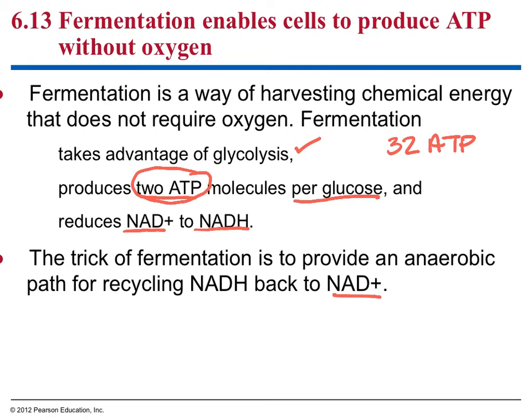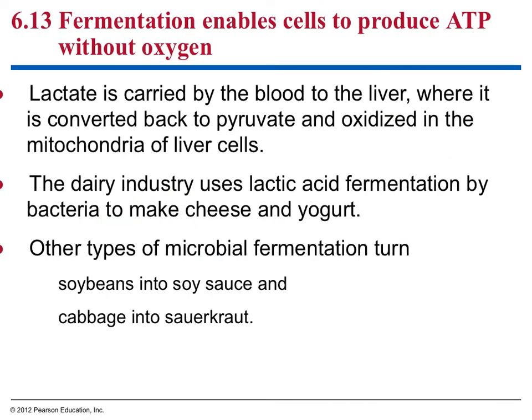We reduce NAD to NADH, but we've got to find some place for those electrons to go. Remember, in aerobic cellular respiration, oxygen is the terminal electron acceptor. So in fermentation, now we've got NADH carrying 2 electrons. We'll just draw them in right here, carrying 2 electrons, but without oxygen, there's no place for those electrons to go. So this is where it gets a little bit tricky.